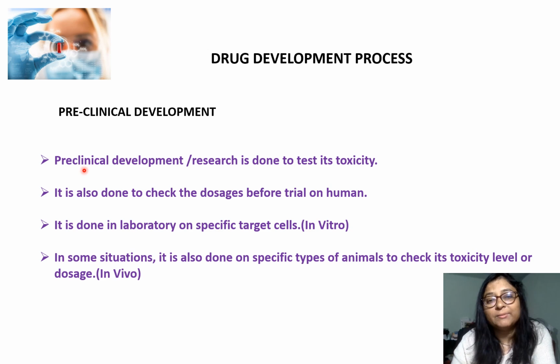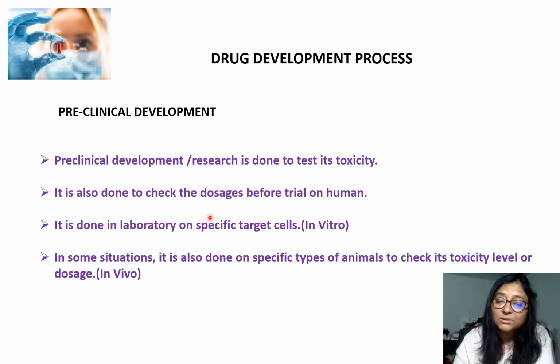So preclinical development is basically done to test toxicity. As I said, researchers discovered a medicine, but they don't know the actual toxicity level of this medicine. So preclinical research establishes the toxicity level of this developed drug.